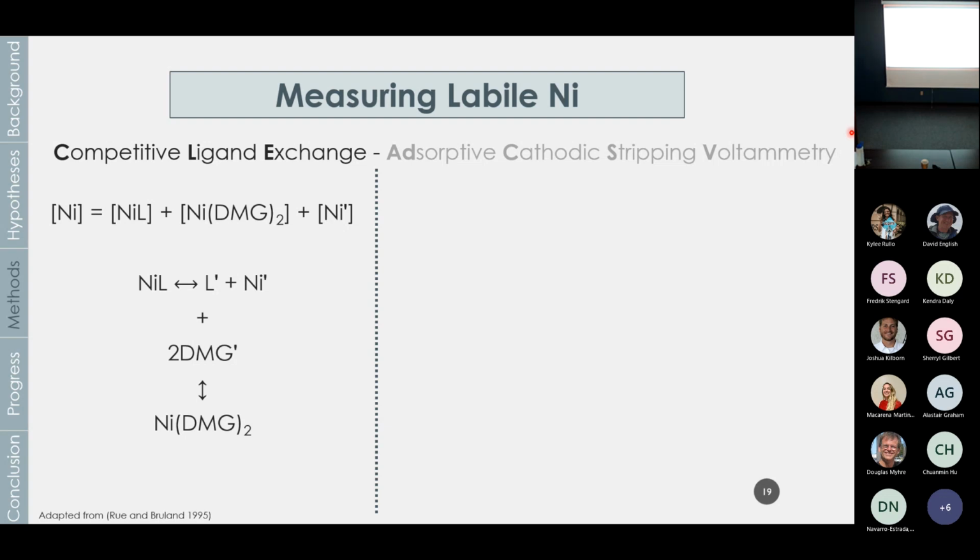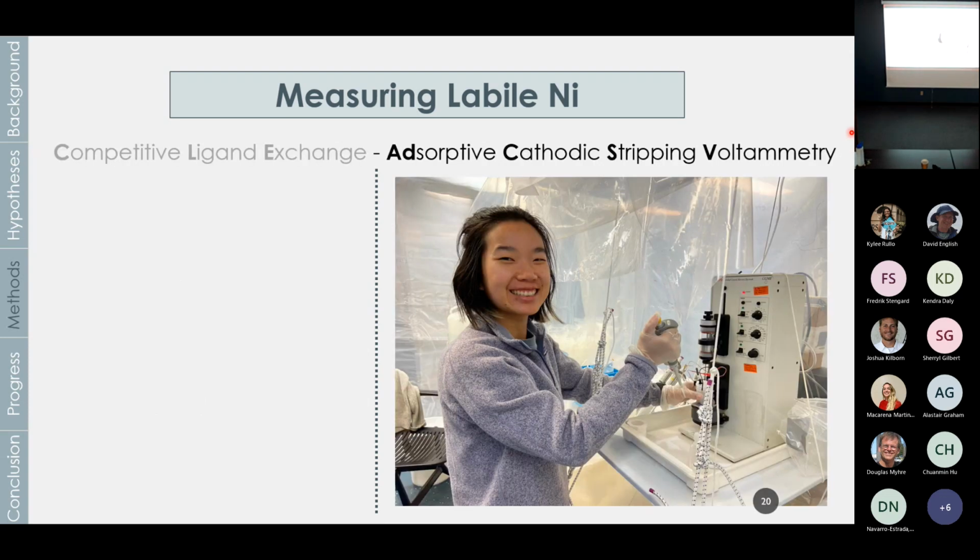Once everything equilibrates, we have this new nickel DMG complex that forms, and this is what we measure in the second part, the adsorptive cathodic stripping voltammetry piece. So the new nickel DMG complexes that have been formed are then adsorbed onto a hanging mercury drop electrode. And then we run a potential through the cell, which quote unquote strips the new nickel DMG complexes off this hanging mercury drop electrode, and this produces a measurable current.